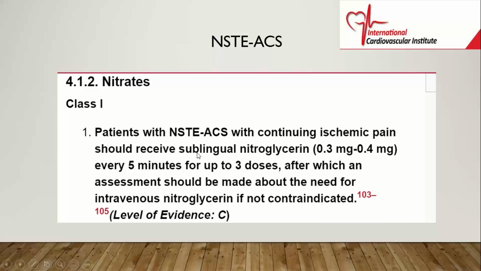If they come in with chest pain and the chest pain is ongoing, you can give them sublingual nitroglycerin in a dose of 0.3 to 0.4 milligrams every 5 minutes, up to 3 doses. Then you're going to reassess them. If they continue to have chest pain, you want to use IV nitroglycerin, as long as it's not contraindicated.